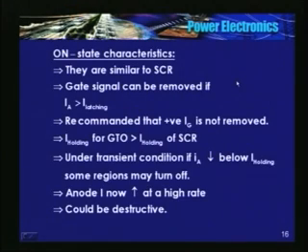Now, coming to the turn on characteristics, they are similar to an SCR. There is not much difference between the SCR characteristics and the GTO characteristics. It is a latching device, in the sense that, in principle, the gate signal can be withdrawn once the anode current is higher than the latching current.